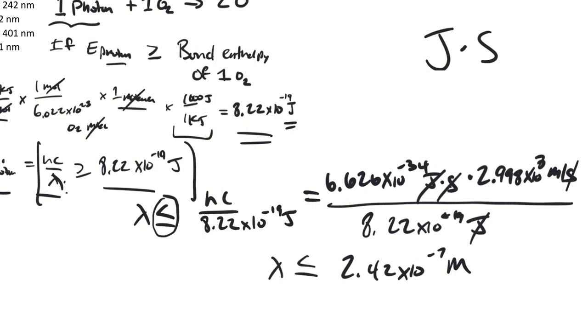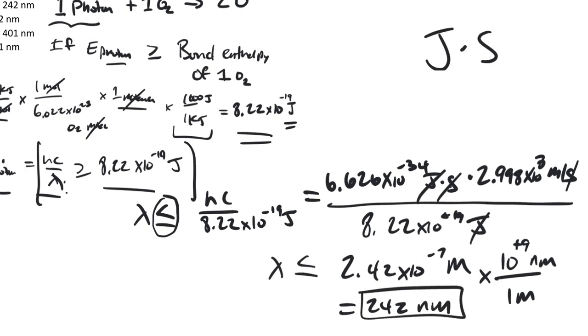And then all the choices in the problem were in nanometers, so we just convert to nanometers. 1 meter is 10 to the plus 9 nanometers. So that's going to be 242 nanometers.